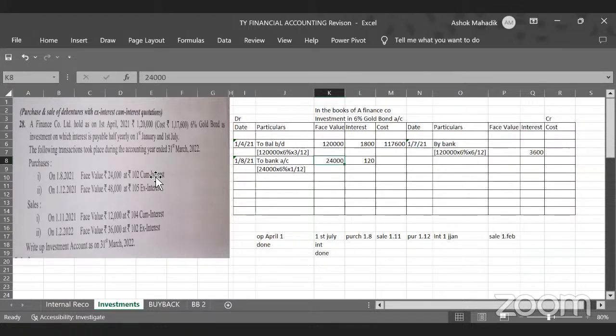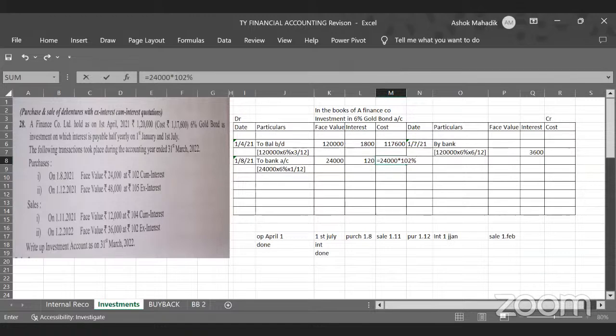So instead of dividing 24,000 by 100 and getting 240 debentures and multiplying by 102, the best you can do is directly calculate this as a percentage. Whenever the value is given, you can do this. Only then, 24,000 into 102%.